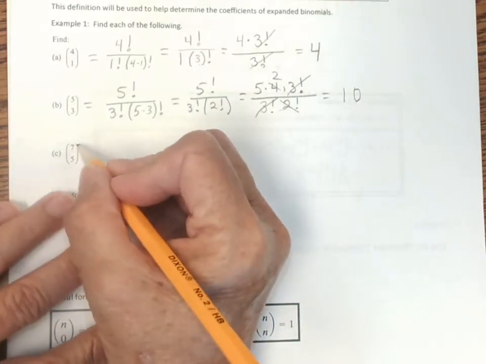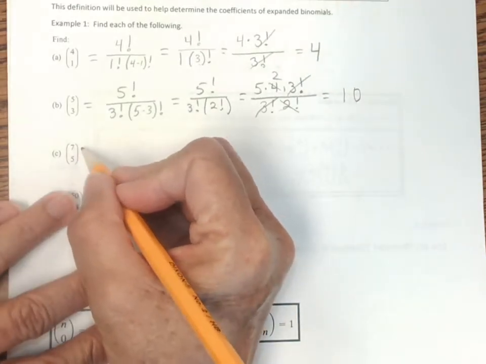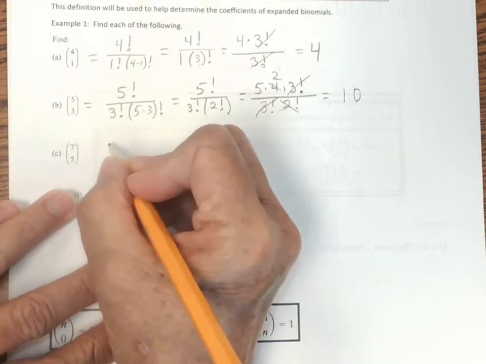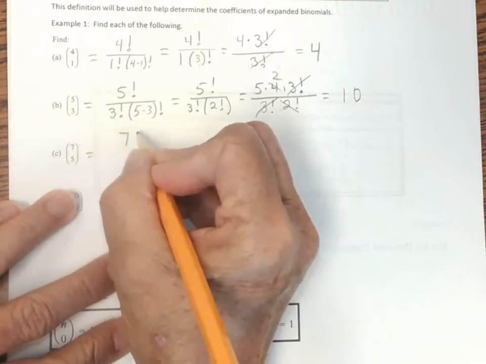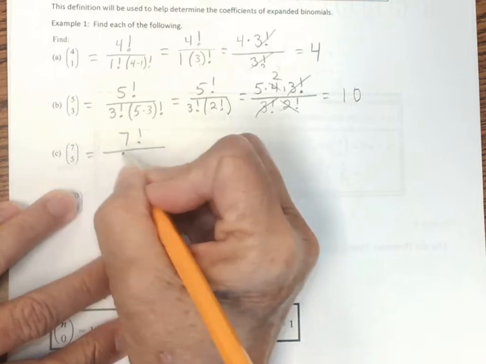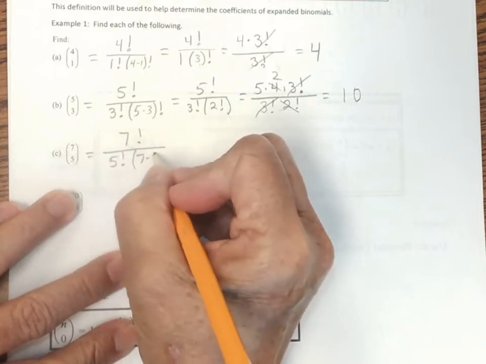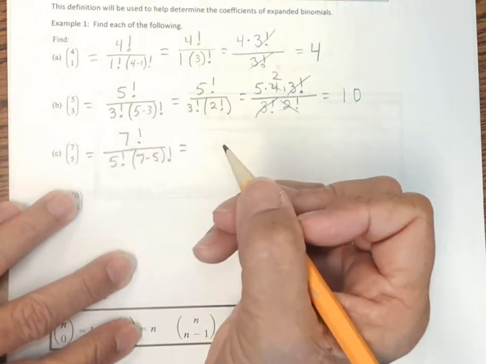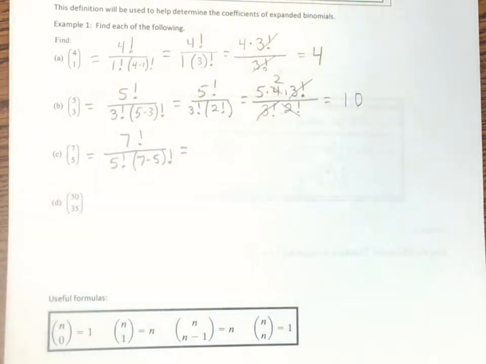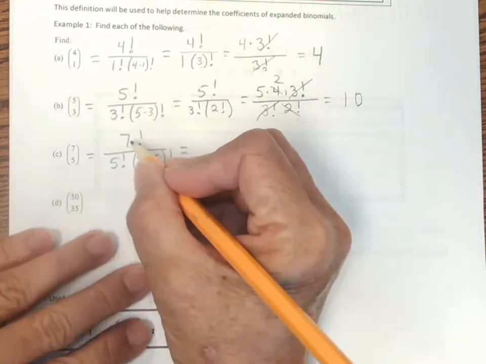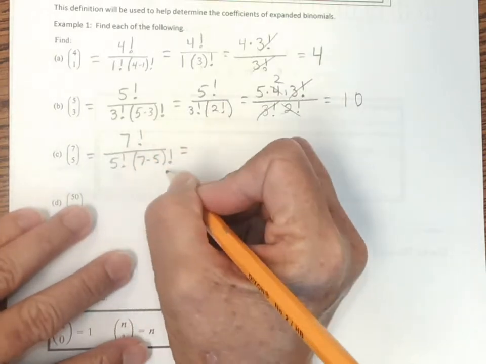Okay, 7, a combination of 7 taking 5 at a time. So again, 7 factorial divided by 5 factorial multiplied by 7 minus 5 factorial. And we're going to try and simplify this. The numerator, I'm going to simplify until I get to one of these values.